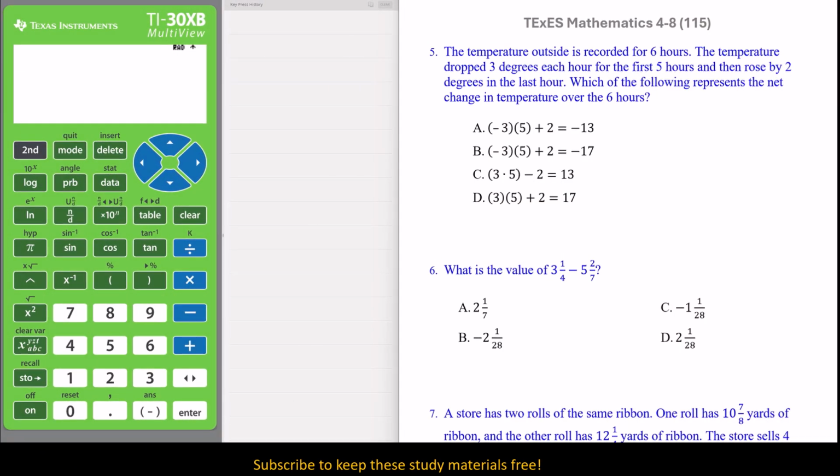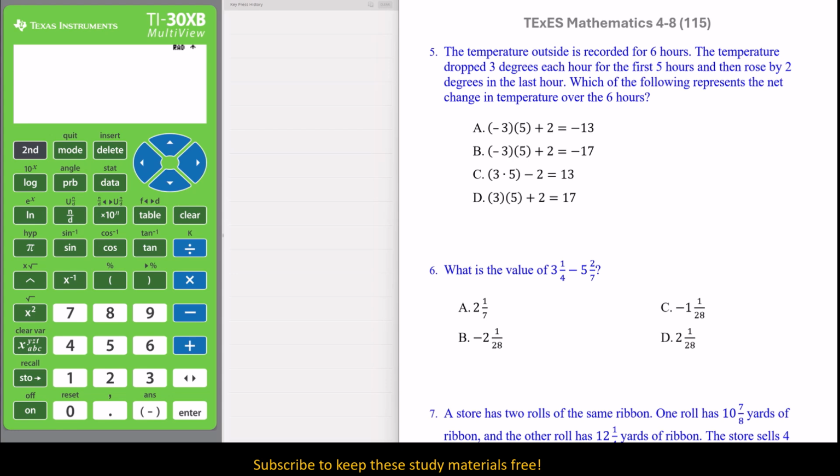All right, let's try number 5. The temperature outside is recorded for 6 hours. The temperature dropped 3 degrees each hour for the first 5 hours, and then rose by 2 degrees in the last hour. Which of the following represents the net change in temperature over the 6 hours?